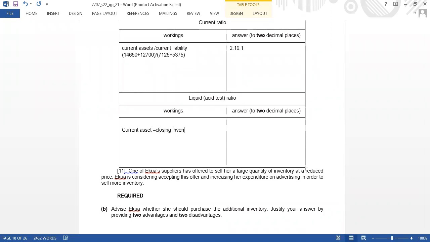In this case, we only have trade receivables, so that would give trade receivables, divided by current liabilities. 12700 divided by 7125 plus 5375. The answer will be 1.02 ratio 1.